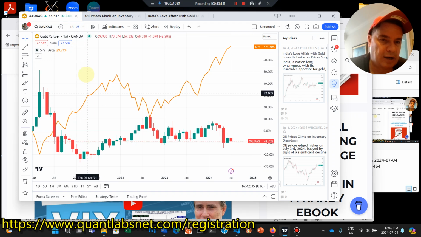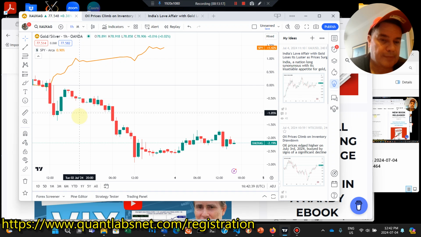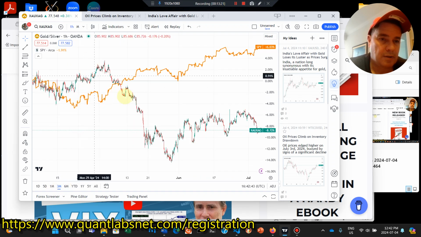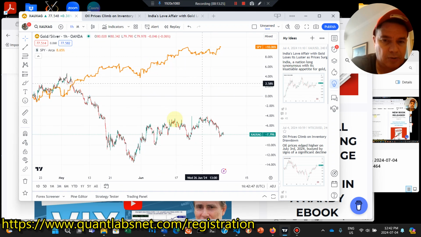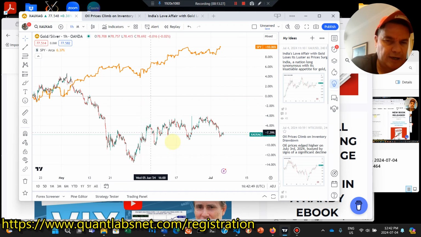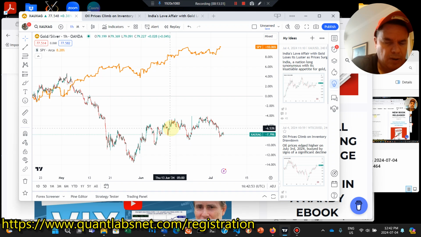So if I go to the 4 hour just to see where it's at on the, let's say, last 3 months, you can see here, even though the prices are going up, the gold silver ratio is still relatively flat. So it tells you on a higher time frame level that it's still bouncing around.